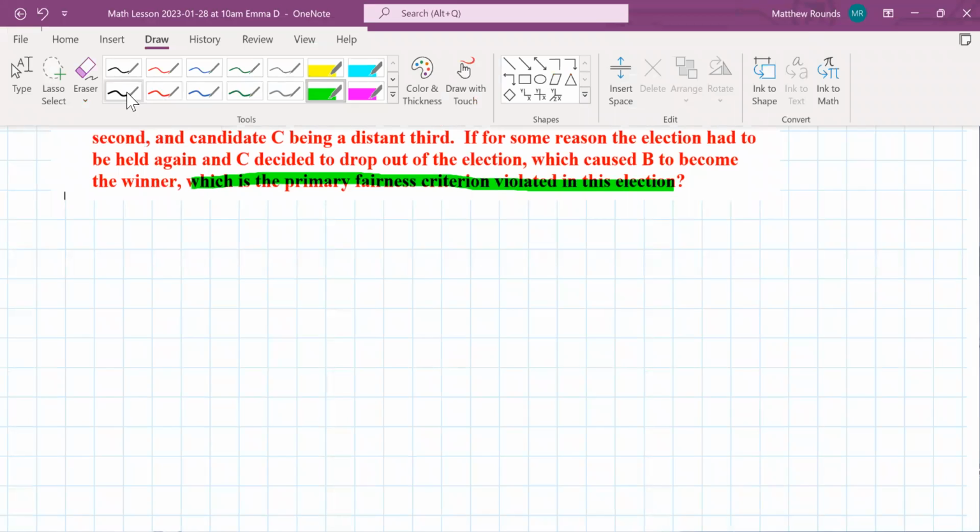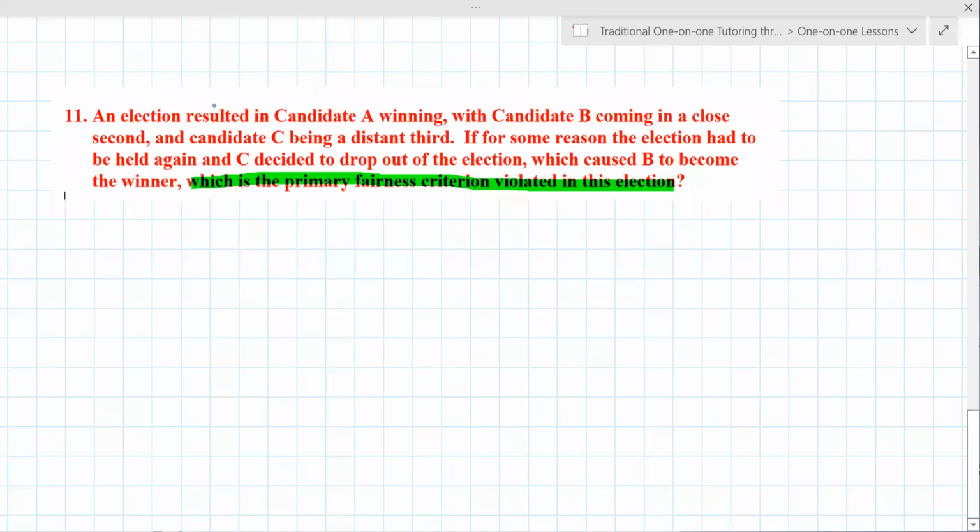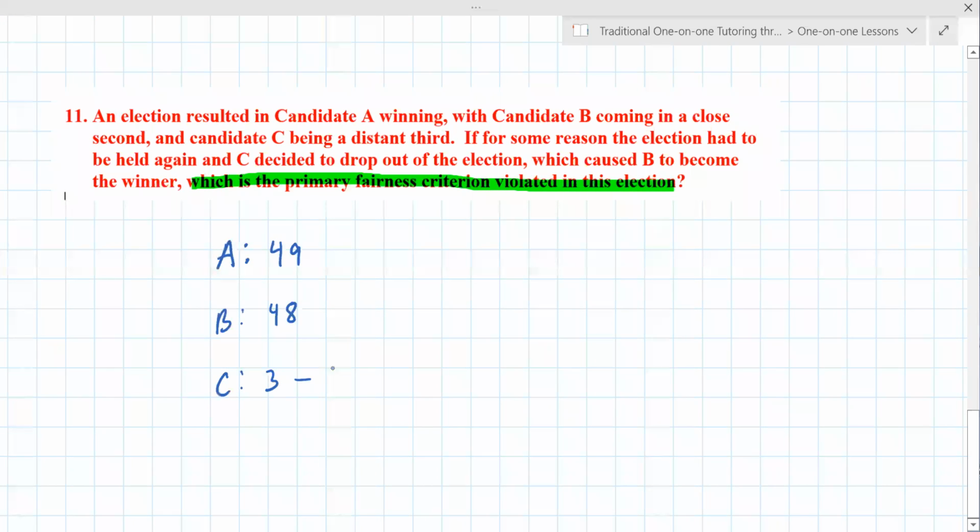So just for some simple numbers here, let's say, we see this actually all the time. Actually, this happened in Georgia very recently in the Senate. A got like 49%, B gets 48%, and C gets 3%. And the idea is if you combine that with B, then they would now have 51.